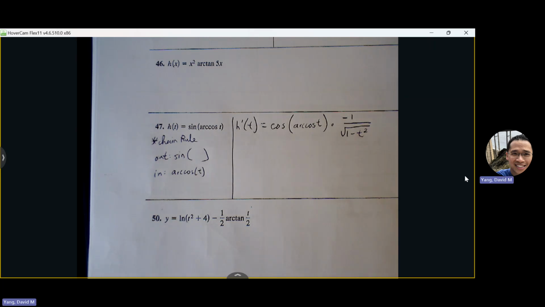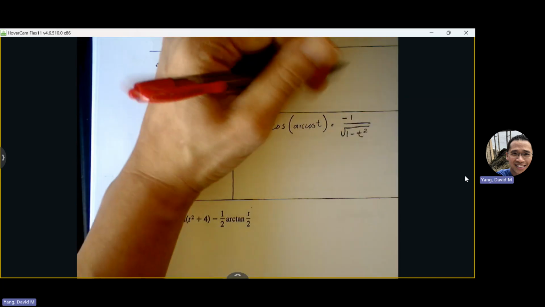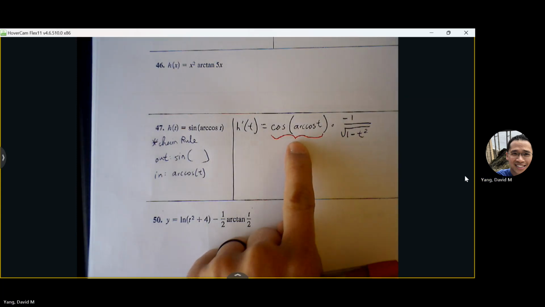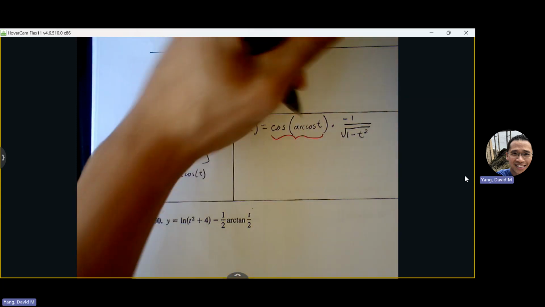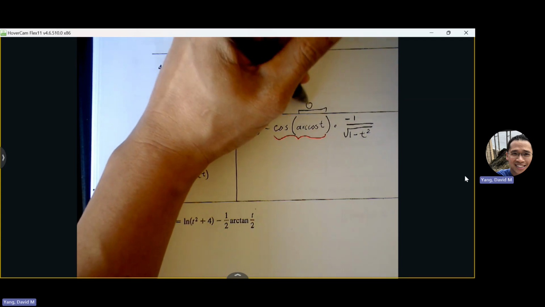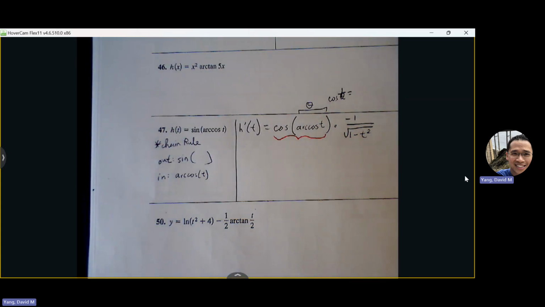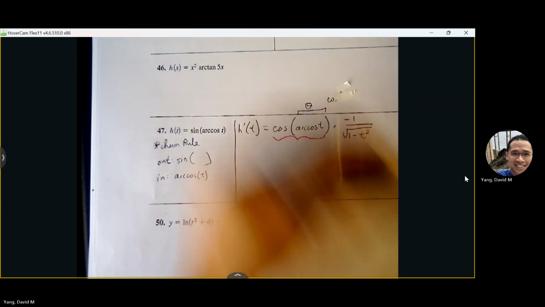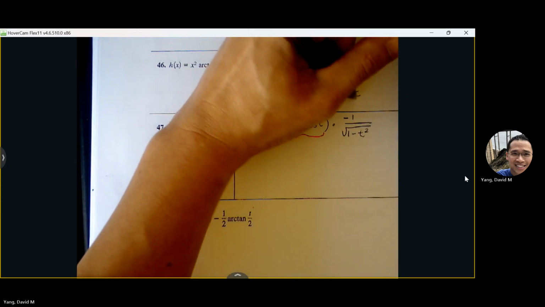Okay, usually with chain rule, we want to go one step further and try to resolve this piece here. So we're going to create a triangle and fill out that information. This represents theta. So we're looking to see where is cosine of theta equal to t over 1.